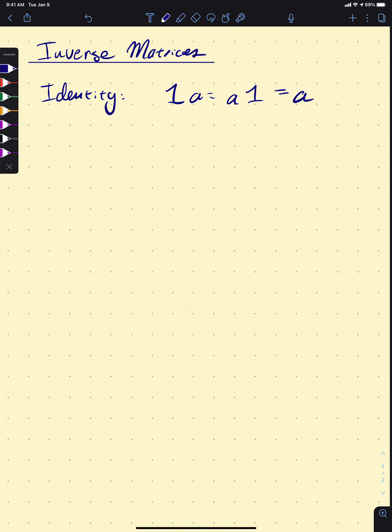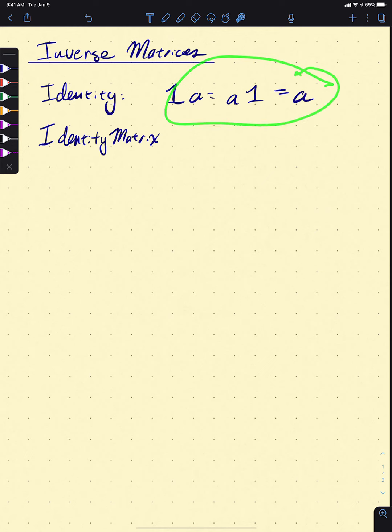We seek to see if there's a similar concept among matrices, okay? Something like an identity matrix. It has to be able to do this for any matrix A, or at least any matrix where it's defined.